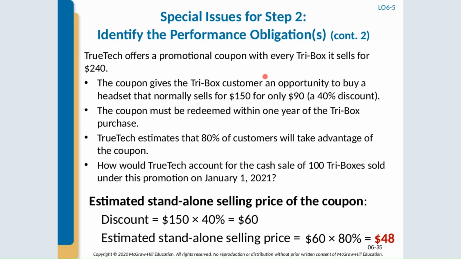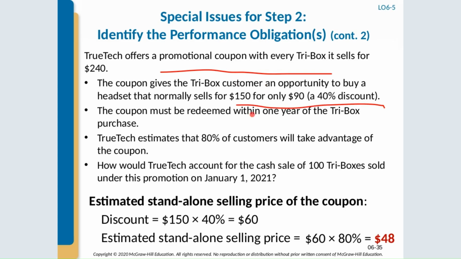So now we get an opportunity to see how the seller, the merchant, uses that, and how they record it for accounting purposes. So we have TrueTech offers a promotional coupon with every TriBox it sells for $240. The coupon gives TriBox customers an opportunity to buy a headset that normally sells for $150, and now with the discount they can purchase it for $90.